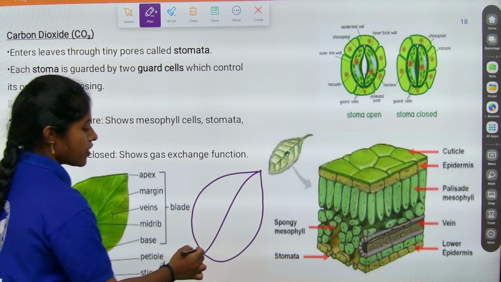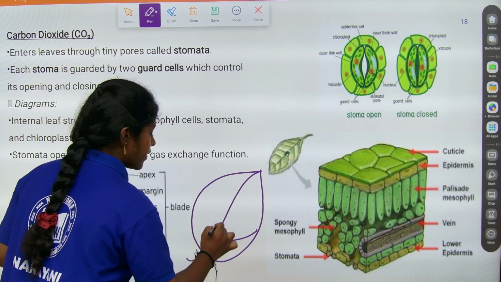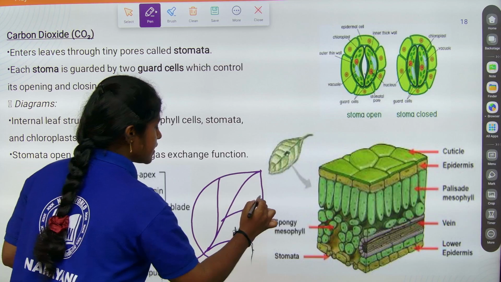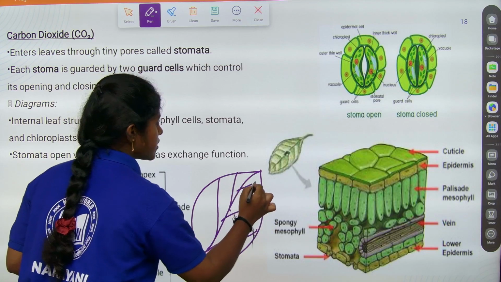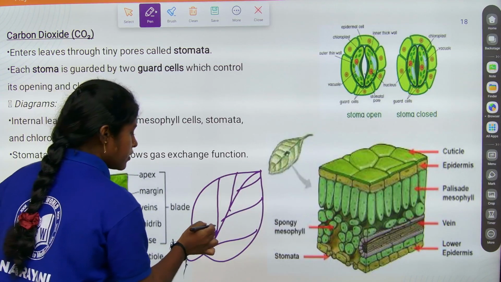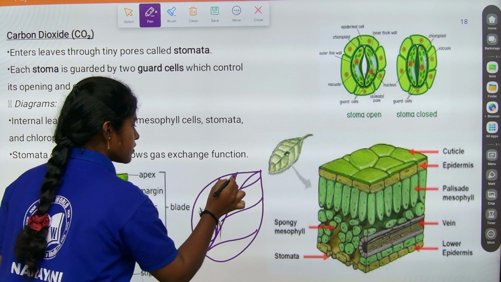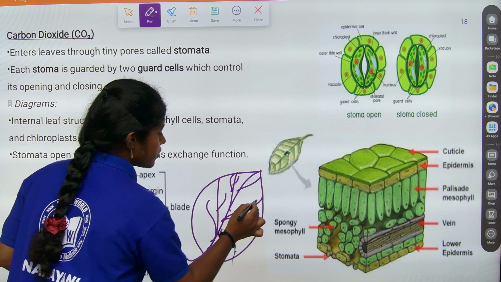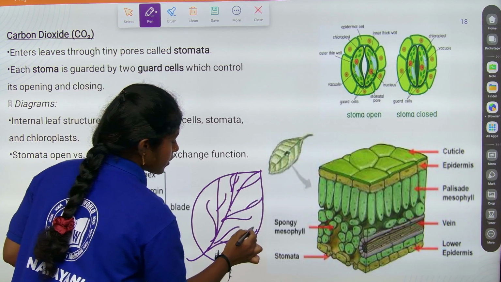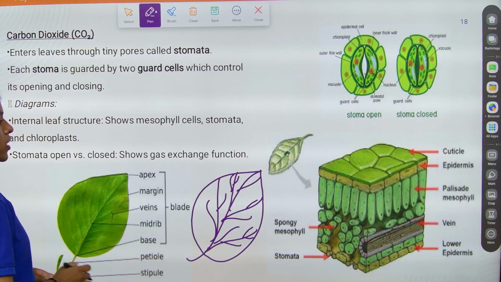Very easy, right? Draw these lines inside it, pointing to attach here. Then just draw like this. The leaf diagram is done.